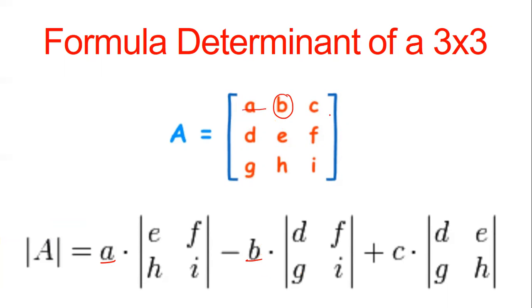And I'm going to cross out the row and column that makes B. And do you see where those elements came from for the minor? Okay. And then for C, I'm going to do it again. So here's C. I'm going to cross out the row and column that makes C, and that's where these come from. Once you get to this, after the setup, all it is is cross multiply and subtract, right?